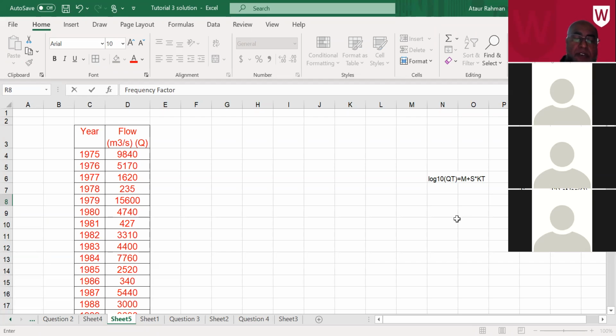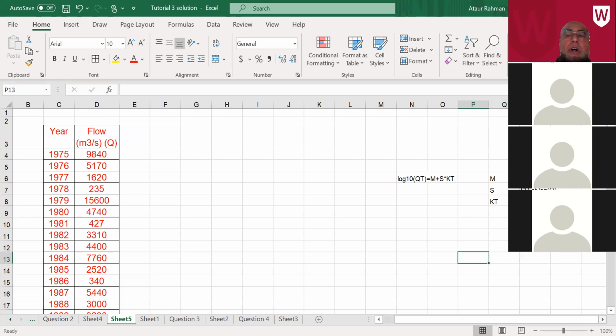This frequency factor for LP3 distribution we have to obtain from the LP3 distribution table.